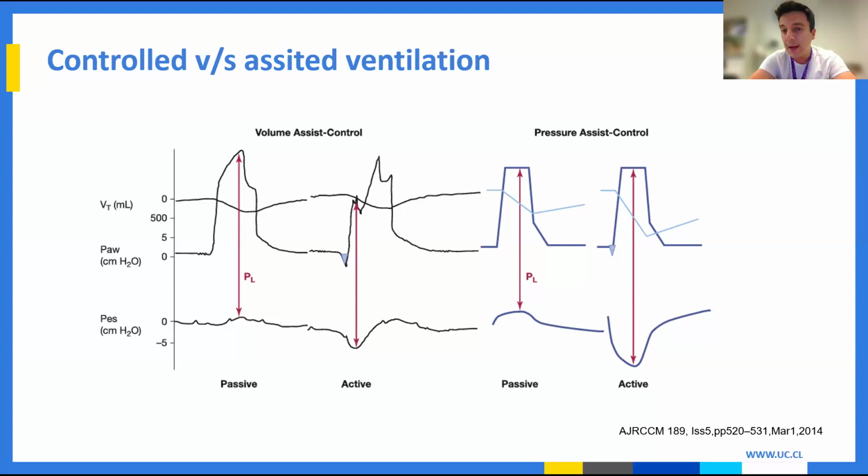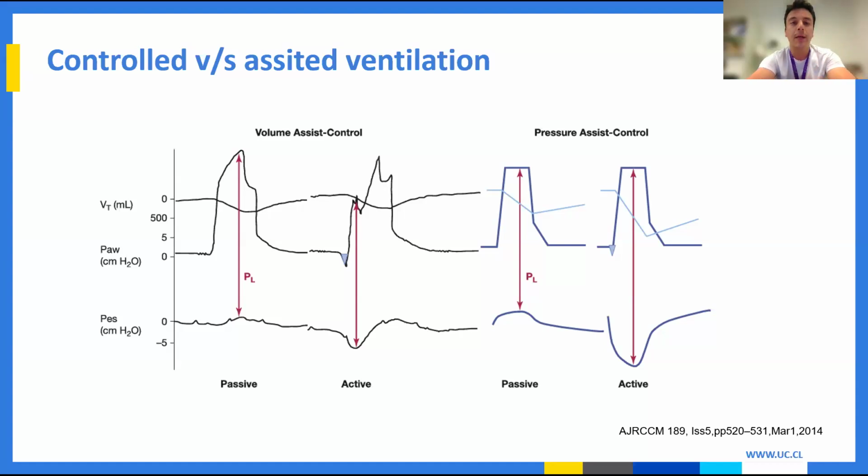Let's say that, for instance, in pressure control mode, if you don't have this kind of tool, you will see that the airway pressure is equal, there is no difference between passive and active. But when you have this deflecting or negative pressure in the esophagus, now you can estimate, and actually the transpulmonary pressure is way higher than in a passive condition. So it is really a good tool to estimate.